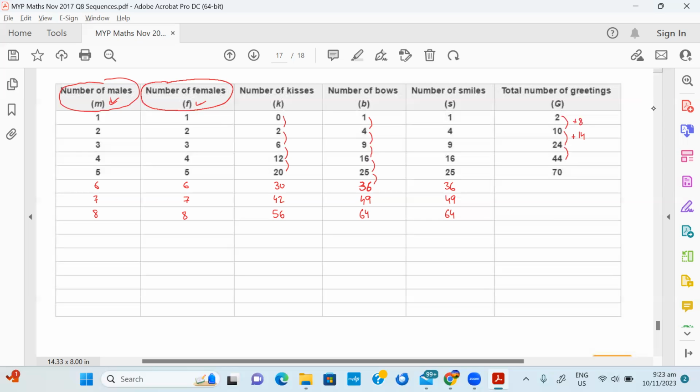So the number being added is increasing by +6. If I add +6 to +14, it's going to be +20. The next is going to be +26, which you can clearly see. After this, what will I add? It's going to be +32. Nice. So 70 + 32 is going to be 102. And after this, I need to add +38. Can anyone tell me what 102 plus 38 is? I think it's going to be something like 140 maybe. And after this I have to add 44. I think that's going to be 184.